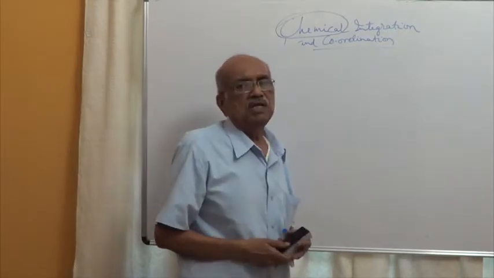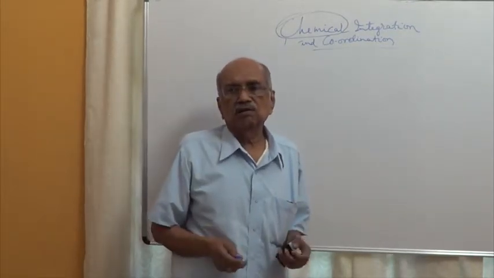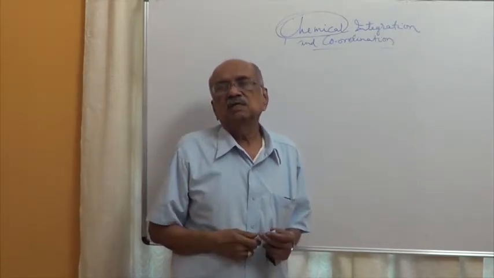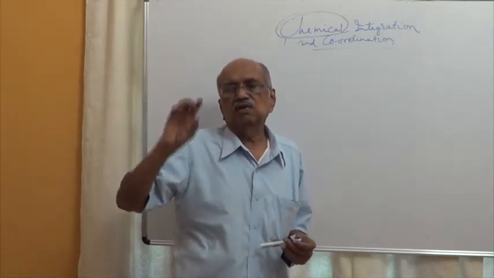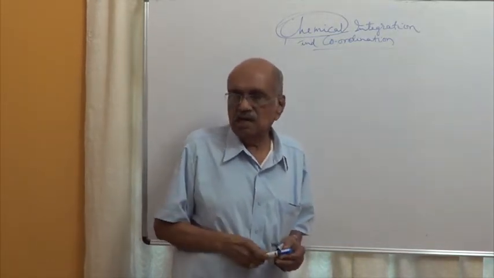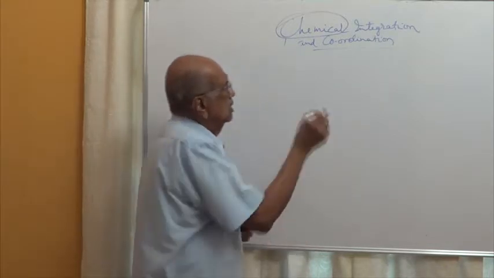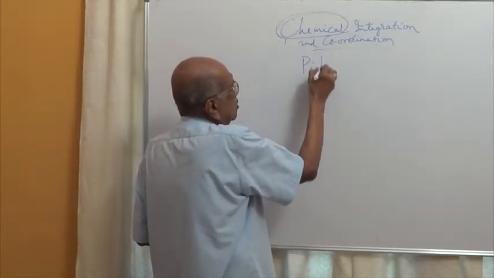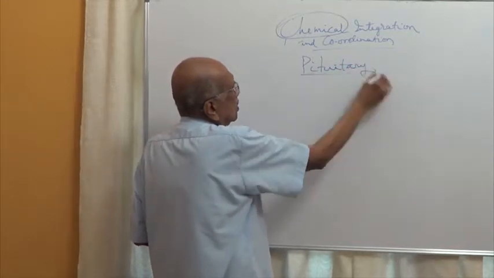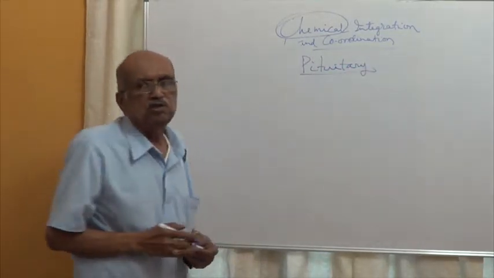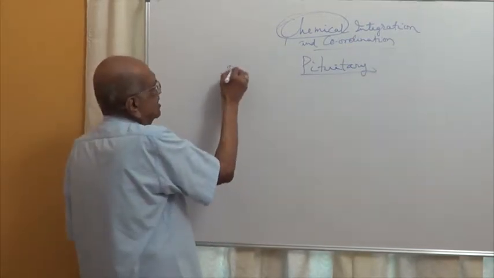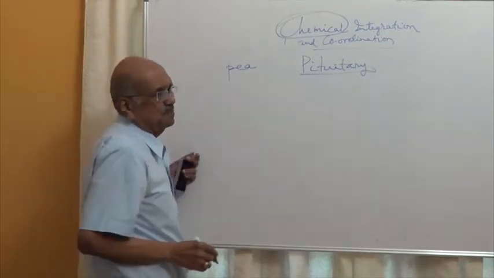We mentioned how many endocrine glands are there and all that. Referred to a couple of them, some located in the head and some located in other parts of the body. We shall start our study with an endocrine gland which is called the pituitary. The pituitary is a very small gland, of the size of a pea.